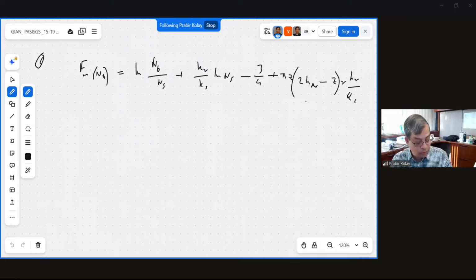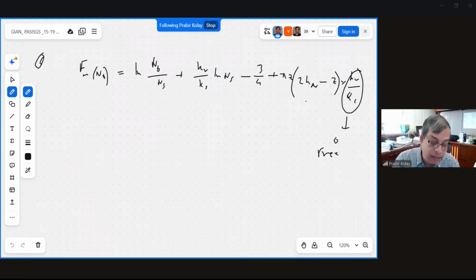So you need to use that. The only thing is here, HKR by QC should be 0 when there is a free drainage. In this problem, we assume that it is free drainage, so that part will be 0.